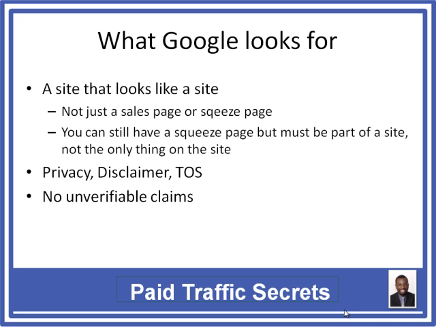The other thing is you want to make sure that you have no unverifiable claims. I'm going to tell you something that's going to shock you. Google is actually reading your sales copy. Yahoo and Bing are not reading your sales copy, but Google is. So when you say something on your website, if you say, I am the best realtor on the planet, then you have to give Google proof why you are the best realtor on the planet.